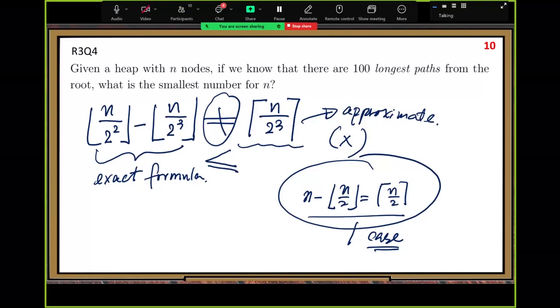Here, there is a last question, I think. Only one question left. If we skip one question, it's not a big deal. This question is actually not very hard.